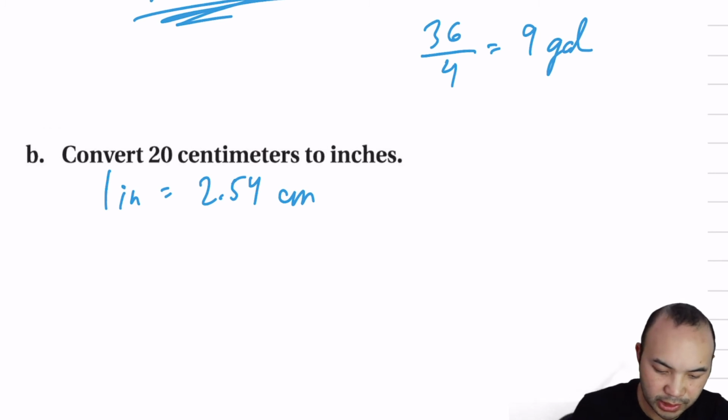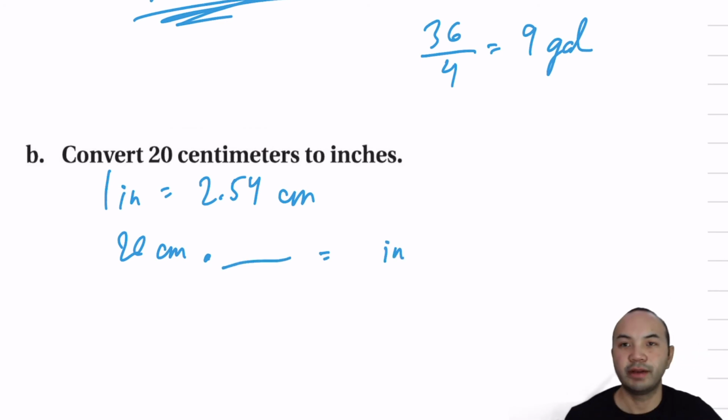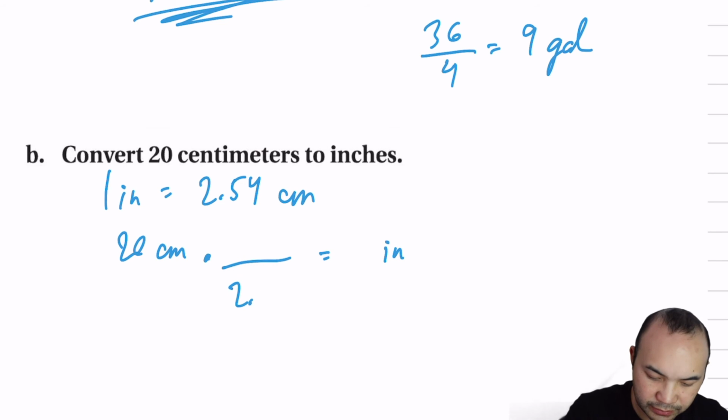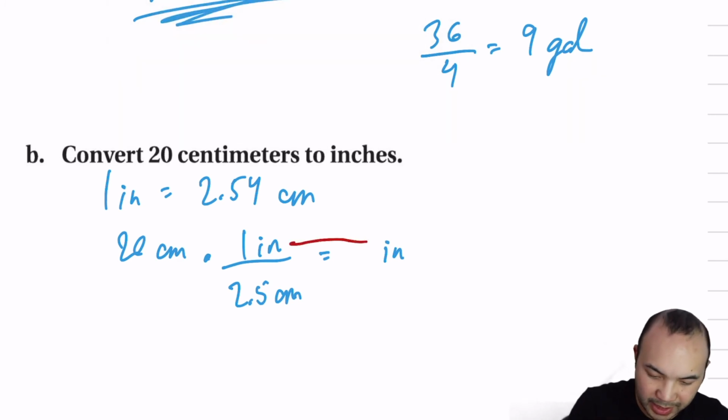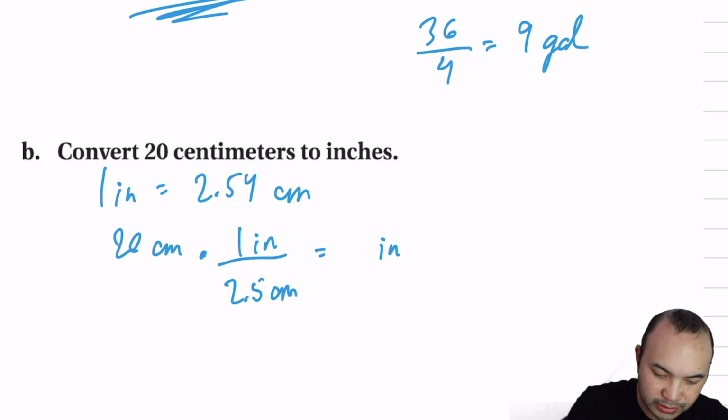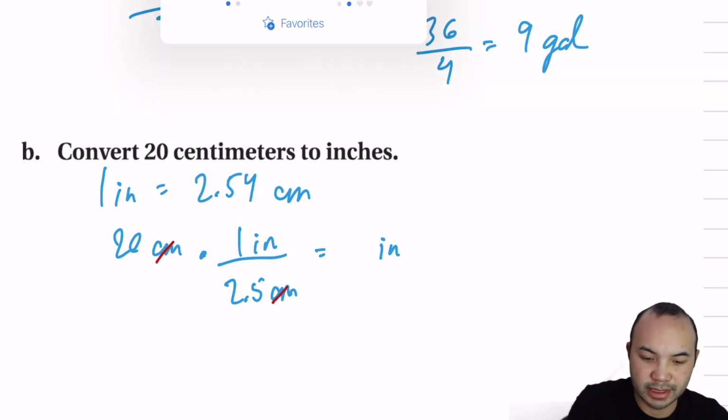You would go, okay, 20 centimeters times something equals how many inches. So you're going to have your magic 1, and you're going to use this as a fraction, and it's just a matter of which goes on top. So 2.54 centimeters should go on the bottom, and 1 inch will go on the top, because it matches right there, and also because I can cancel my centimeters.